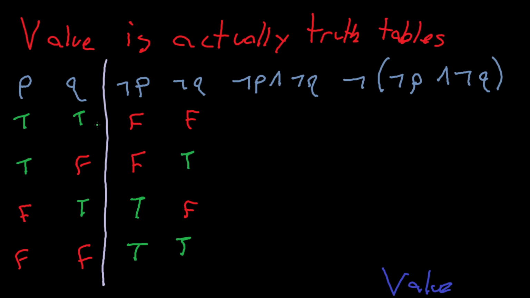That's the definition of value. And so it's only in this case down here, when both of the elements of the conjunction have a value of true, that the entire expression has a value of true. And then finally, the negation will just flip and give the opposite value.